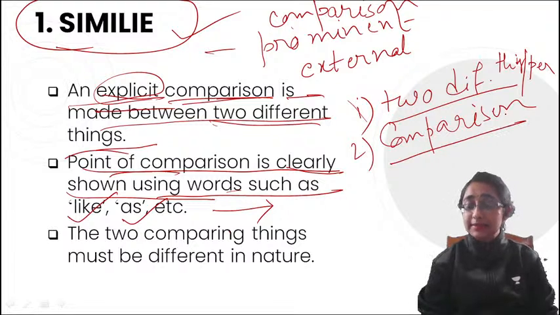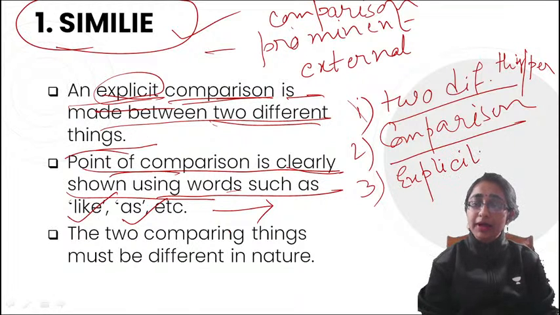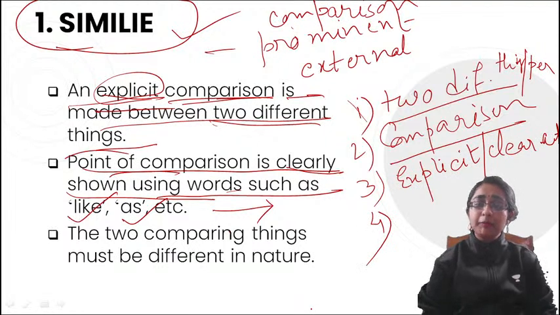Now, how is the comparison? The comparison is explicit. That means you can see it. It is very clear cut. And the fourth important feature is that there are some words through which comparison is made. So what are the words?